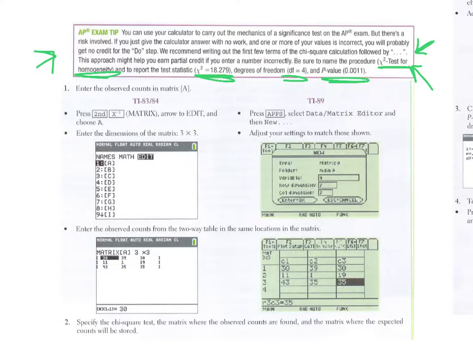Totals do not factor into the size of the matrix. Then you're going to enter your observed counts into the matrix. You're going to specify the chi-square test, the matrix where the observed counts are found, and the matrix where the expected counts are to be stored.